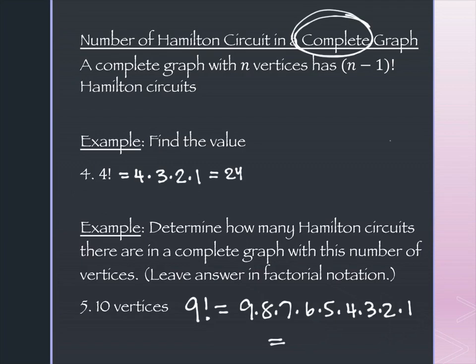Anybody know? Emma, are you getting it? Trying? Okay. 362,880. Okay, so when they told you that there were many answers, you didn't probably expect 300,000 answers, right? But there's 300,000 answers, so it's quite a lot. That's the number of Hamilton circuits in a complete graph.